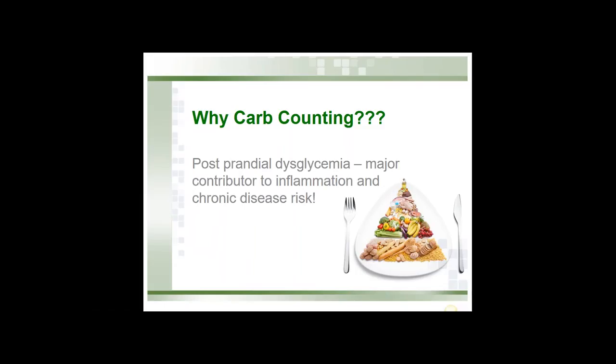So the primary reason to control carbohydrates is to address this issue of postprandial dysglycemia. A way we can do that and bring awareness to our clients on this issue is to introduce them to this idea of reducing their carbohydrate intake by a certain amount, and a method for doing that is something called carbohydrate counting.